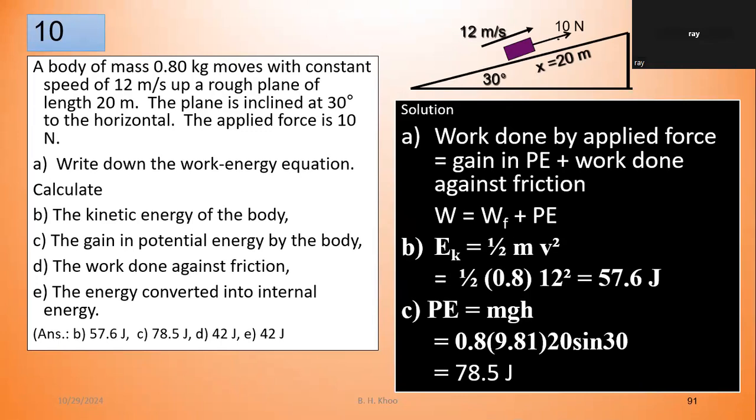Anything not clear? Your potential energy, then you can calculate your work done against friction.